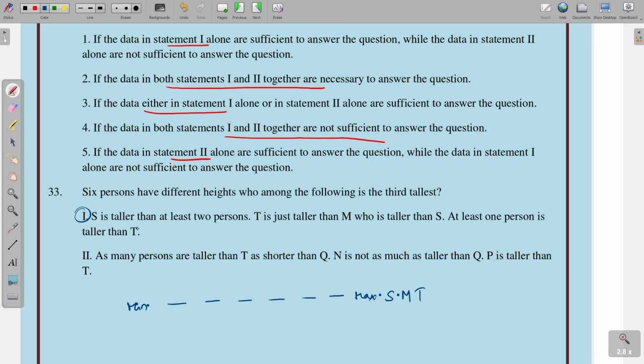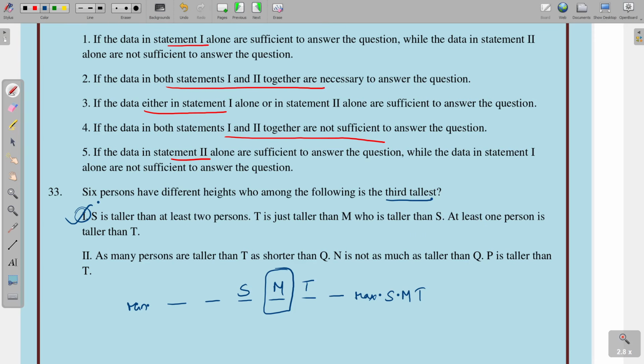So S is taller than at least 2 persons, suppose if S is there, so M and T are placed here. At least 1 person is taller than T, so this one follows. So from this who is the third tallest, so obviously M is the third tallest.